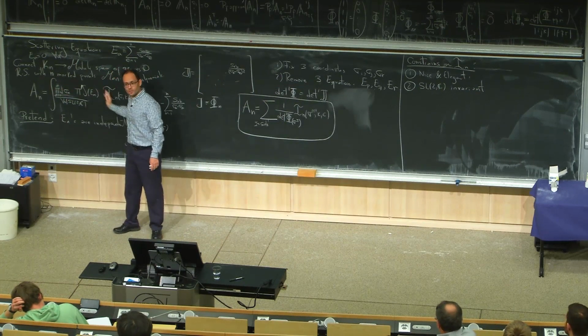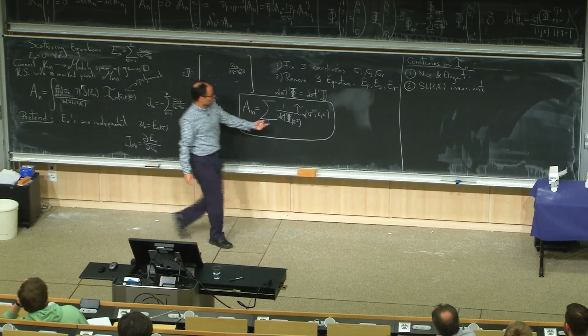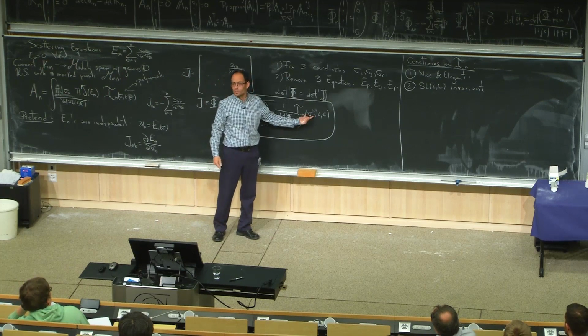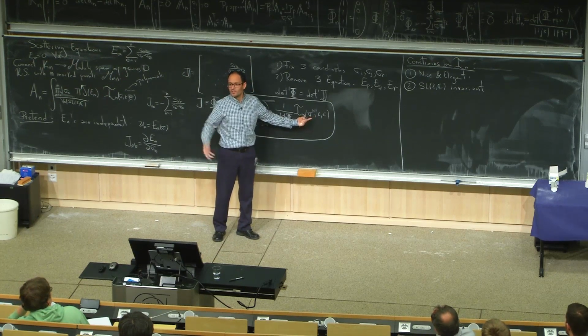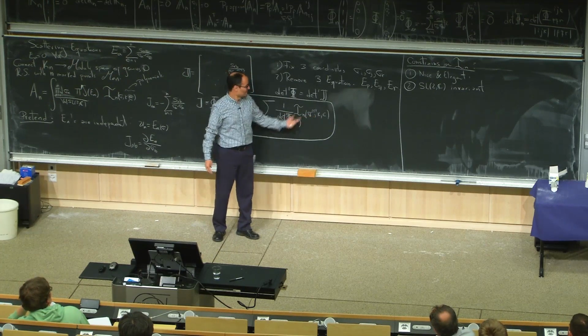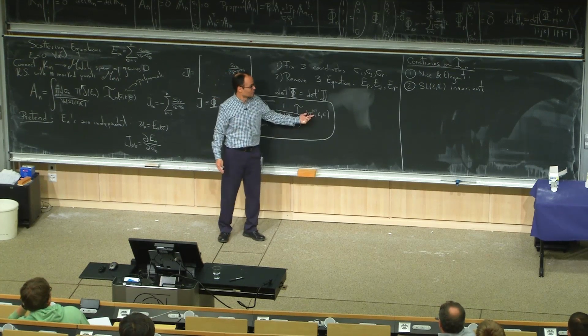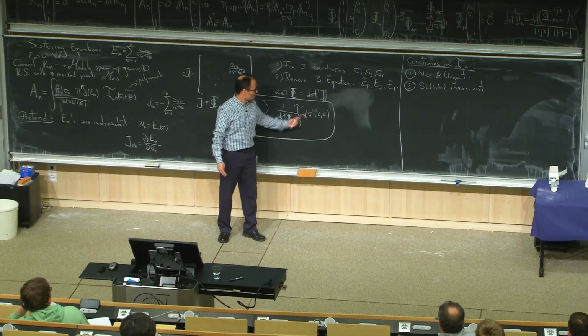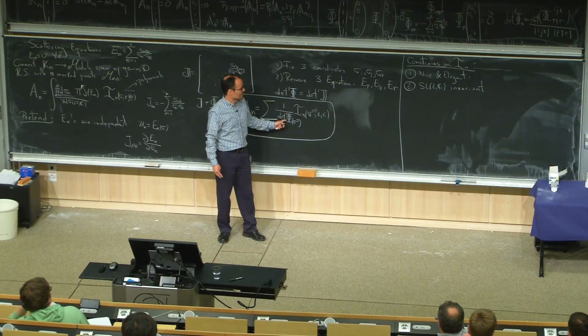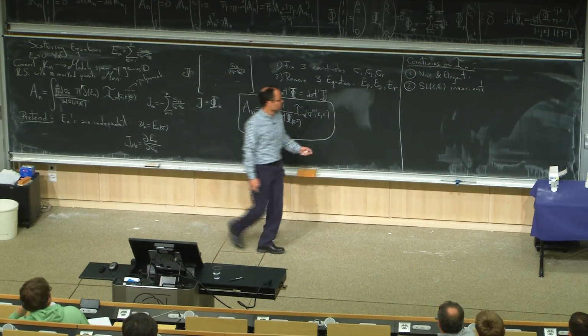Because if we don't write something that is SL(2,C) invariant, this could be as nice as you want, but this will change every time you change your choices. You make different choices for the punctures that you fix, and this thing will change all the time in a way that is not compensated by this guy. So you will be in trouble.